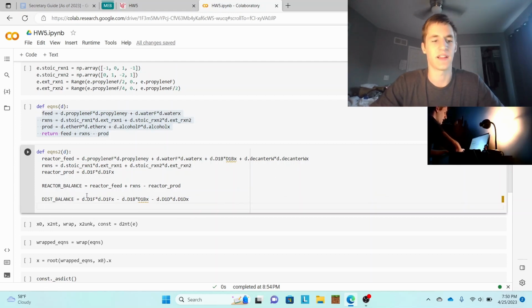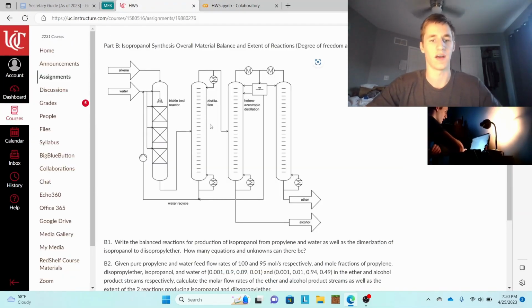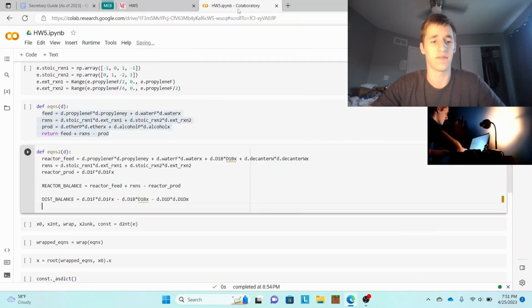Just dist balance. And then now what I want to do is I want to look at the equilibrium within this distillation, right? So everything that comes out of the top, everything that's distilled is going to be a vapor, and everything that comes out the bottom is going to be liquid, right? So we actually have a vapor-liquid equilibrium here.